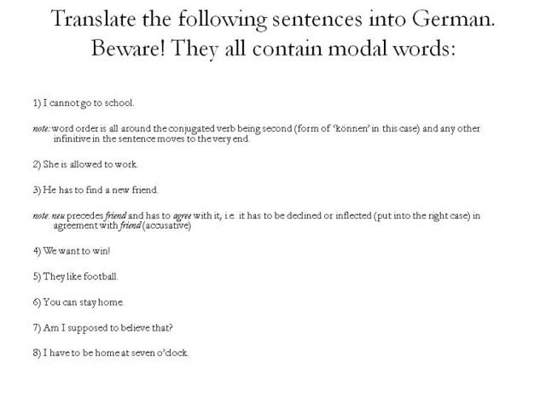So let's try to translate this word for word. Ich, cannot, kann nicht, keeping those two words separate in German. And then for to school, we would say zur Schule. And lastly, gehen. Ich kann nicht zur Schule gehen.